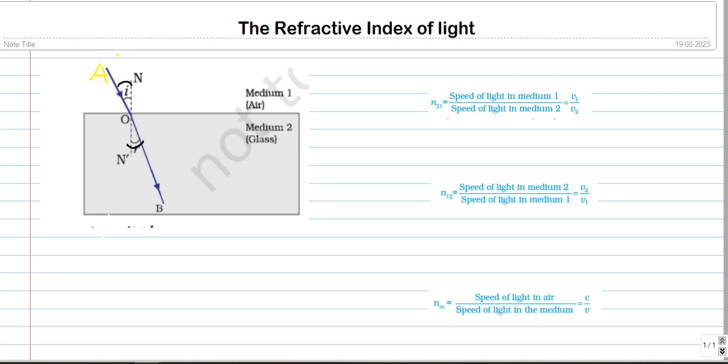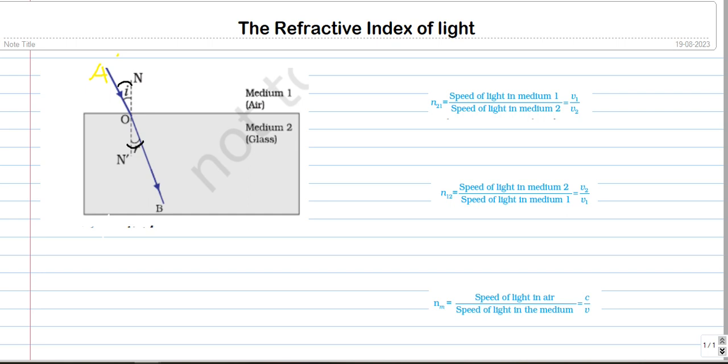This is the speed of light in vacuum, which is the highest. The speed of light will only reduce when it goes to another medium. In air, it is more or less equal to vacuum. There is not much difference in the speed of light compared to the speed in vacuum.